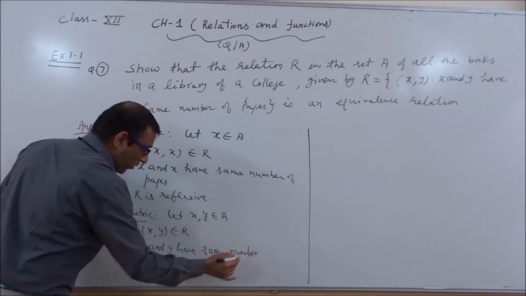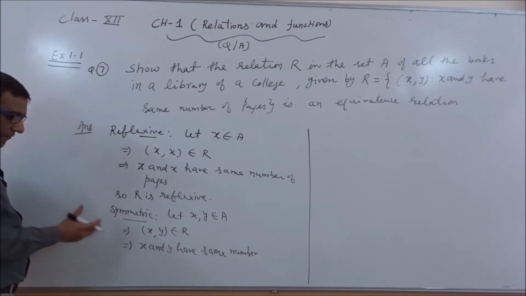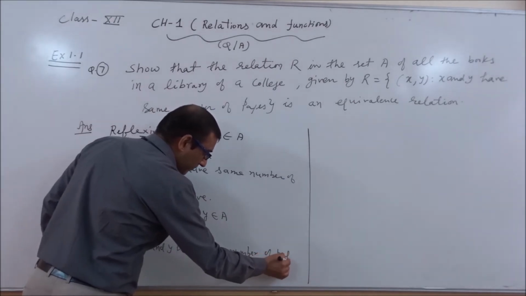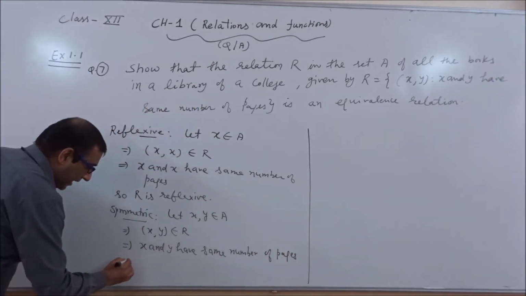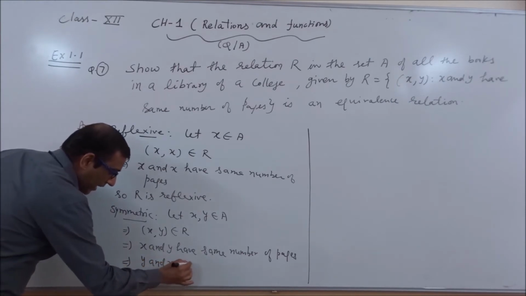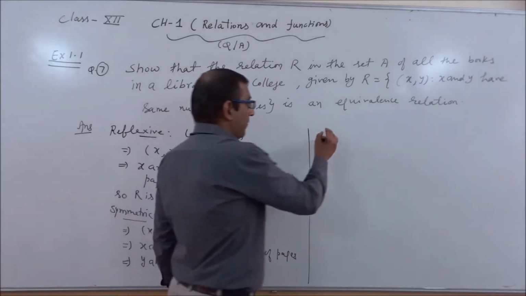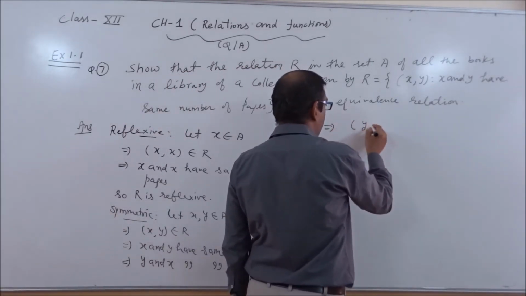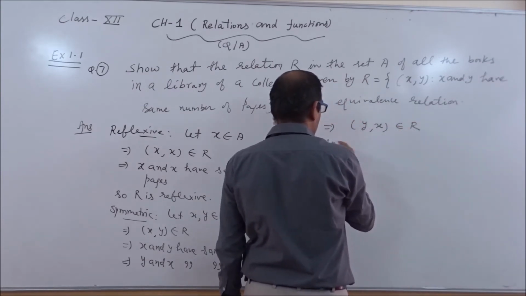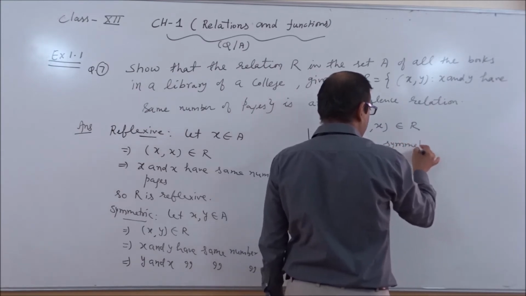If X and Y are two different books, but both are related to NCERT Mathematics 12th class, then X and Y have the same number of pages. And it can also be written as Y and X have the same number of pages. It means (Y, X) is a member of R, so R is symmetric as per the definition of symmetry.